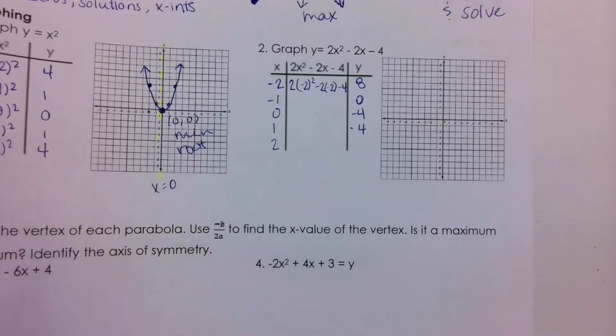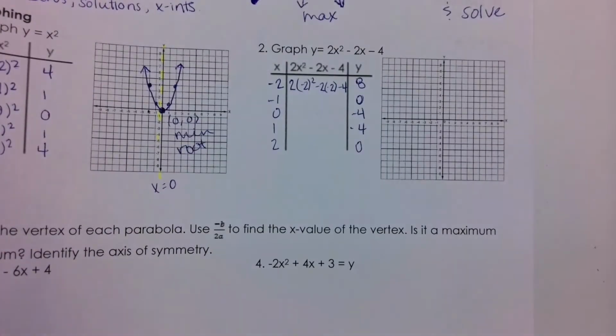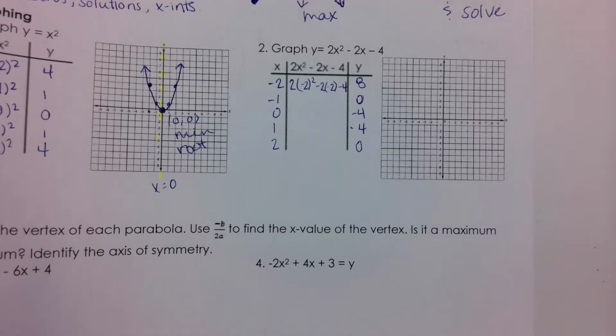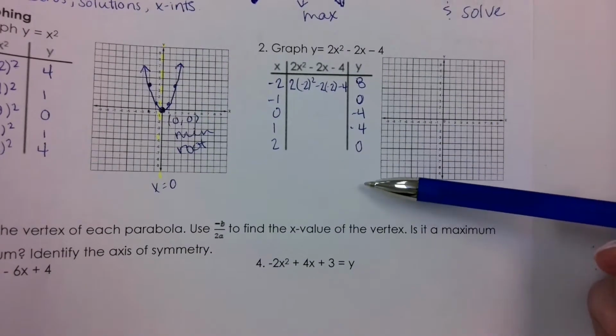Ashley, what'd you get when you plugged in 2? 0? Okay. What do you think we would get if we plugged in positive 3? We plugged in 3, so one more. What do you think we would get? Why would we get 8?